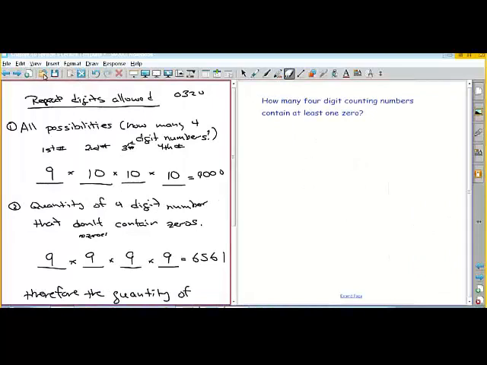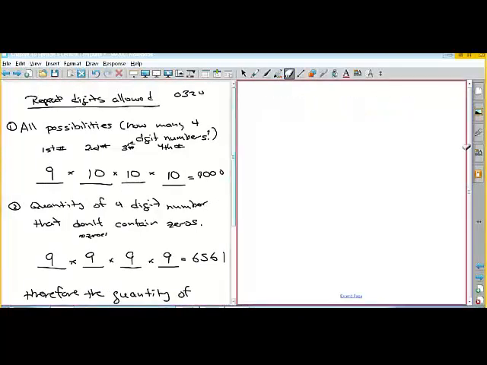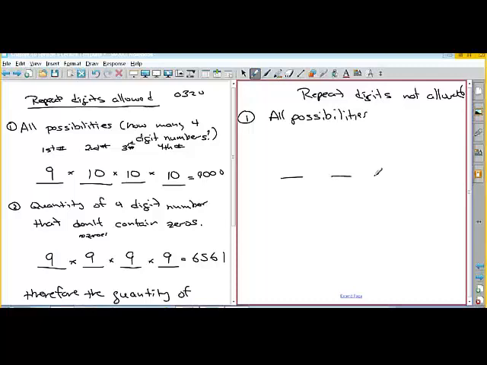So if repeat digits are not allowed, again, you look at all possibilities. And we have 4 steps. So the first step is 9.